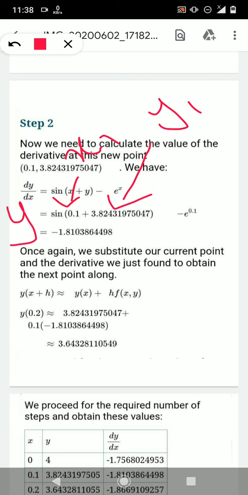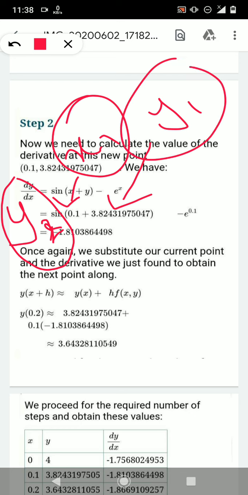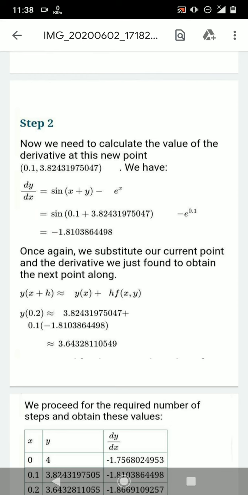To get the approximated value of y at x0 plus 2h, that is y2, for finding the value of y2 we will choose x1 and y1. Now sine x plus y minus e raised to 0.1, which is the function value, is equal to minus 1.8103 using a calculator.